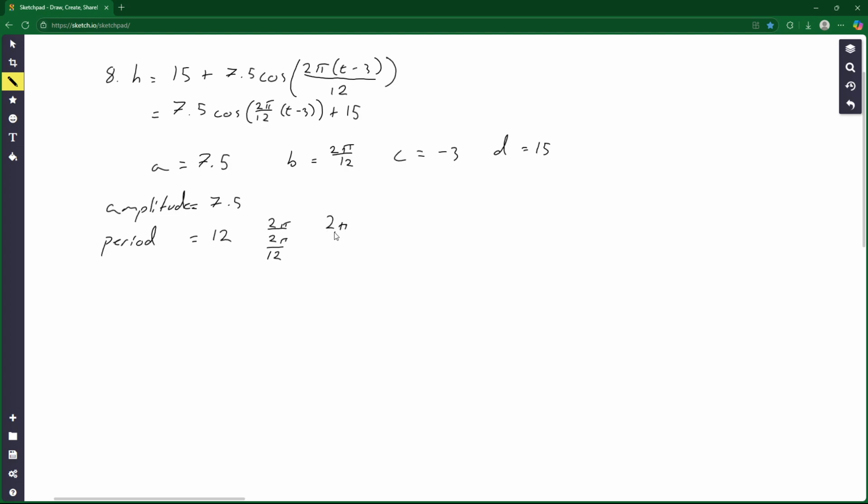Flip that: 12 over 2 pi. These cancel out, you get 12. And then for our phase shift, since this is in parentheses, we're just going to go 3 to the right, and then we're going to go 15 up for the vertical shift.